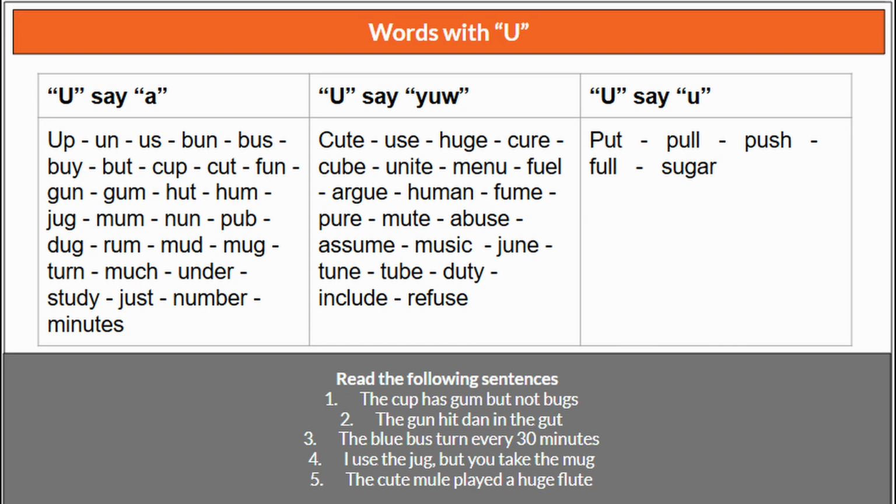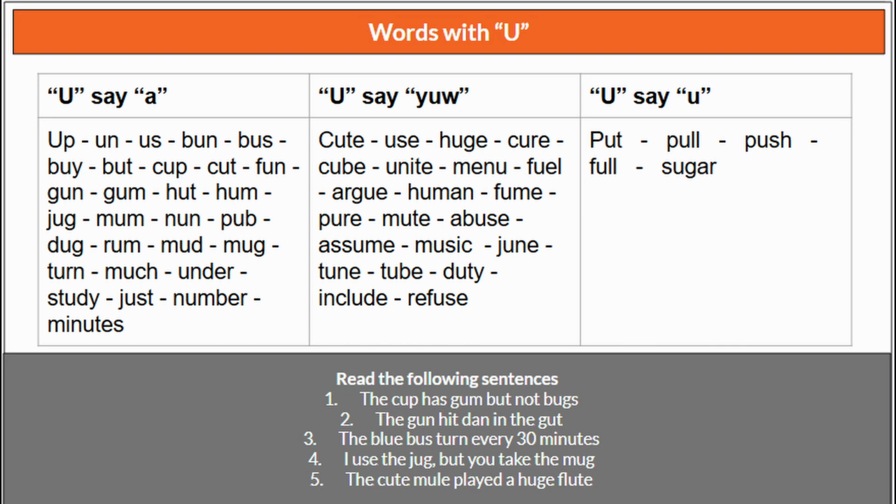Then we say cute, use, huge, cure, cube, not cab, not kib, cube, unite, menu, fuel, a Jew, human, fume, pure, mute, abuse, assume, music, June, tune, tube, duty, include, refuse.